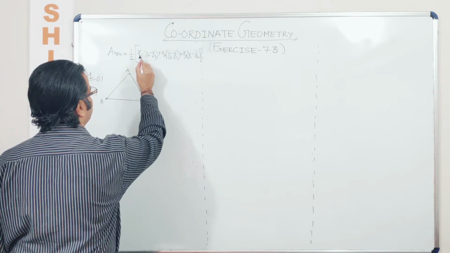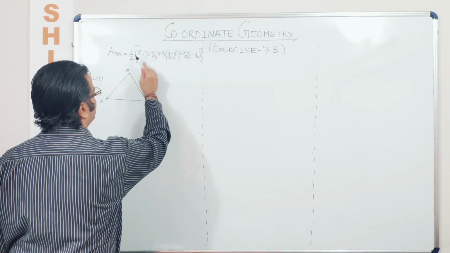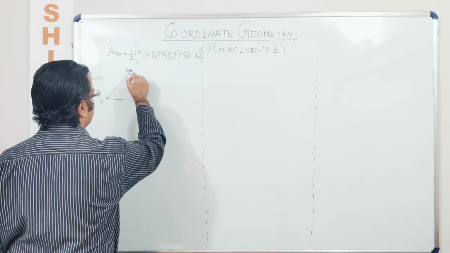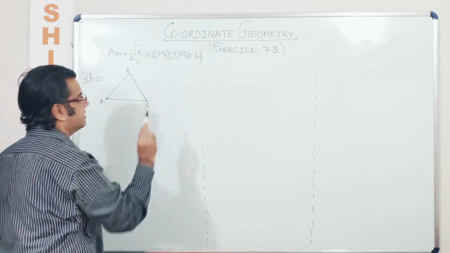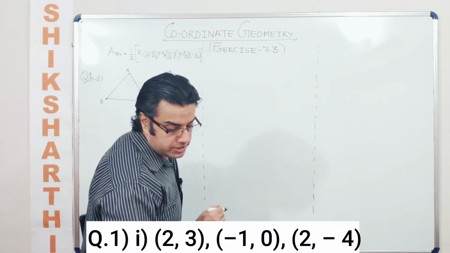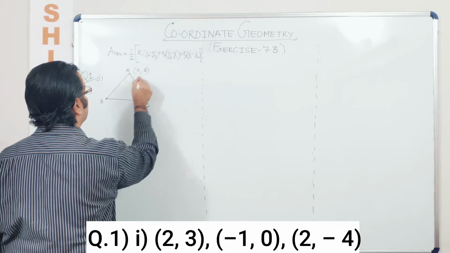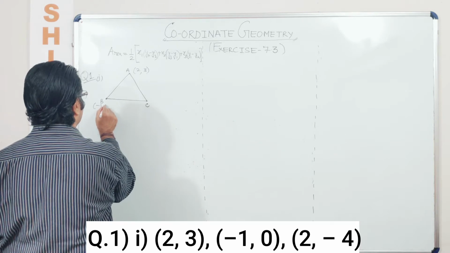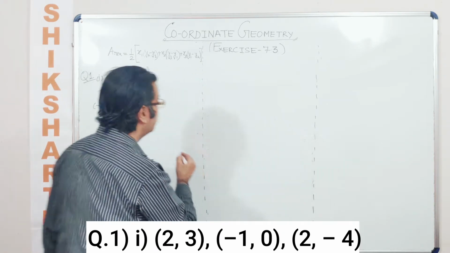Here when we are using the formula, please keep in mind that this is A, this is B and this is C. I mean what I intend to say is A is x1, y1, B is x2, y2 and C is x3, y3. So the coordinates are 2, 3 followed by -1, 0 followed by 2, -4.